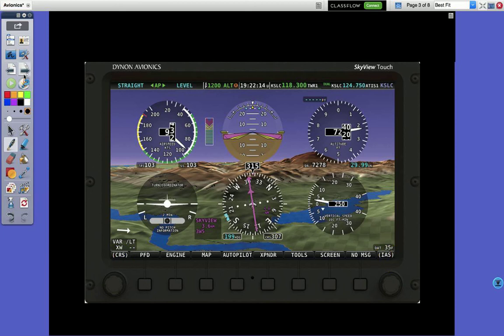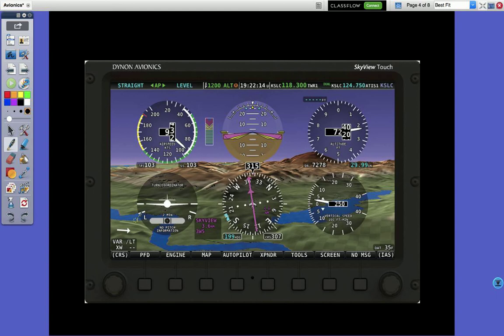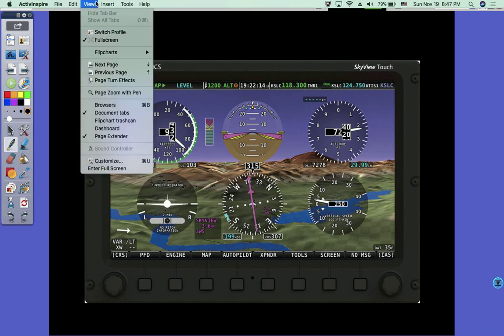Next thing that we're going to do, we're going to learn a little bit about all of the instruments here. So let's have a quick look at the first one.